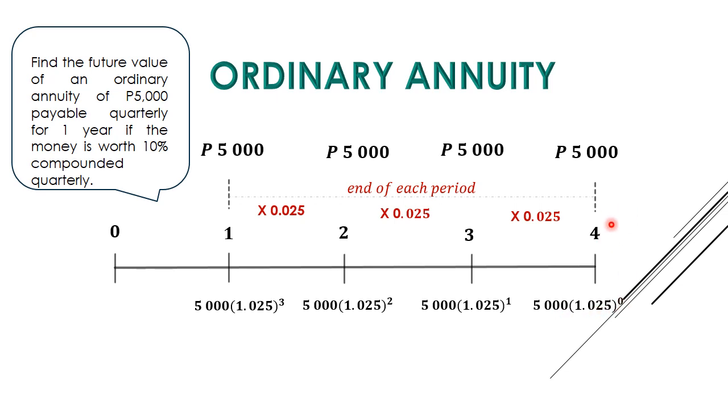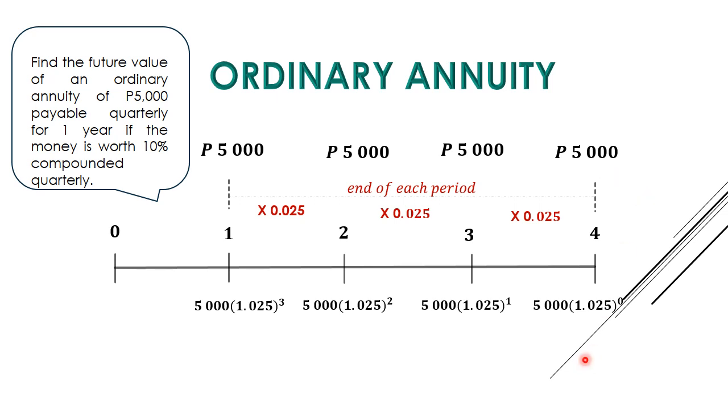Because there is no payment that will follow after this payment of 5,000, since it's already the end of the quarter, right? So you just need to pay the periodic payment, which is 5,000.